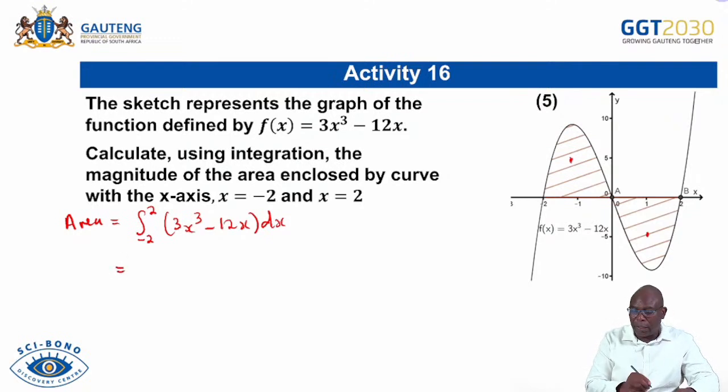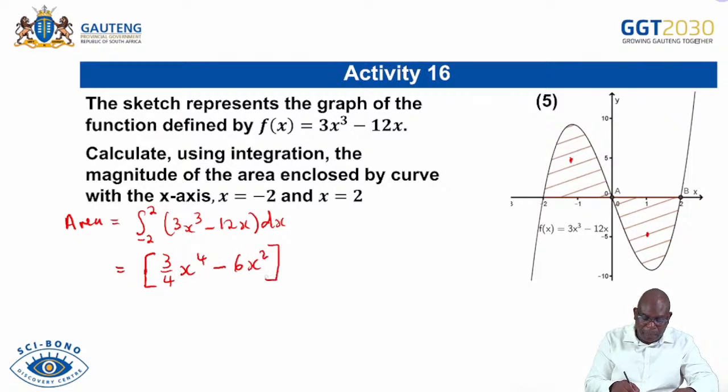The integral of that will be, remember I must put my boundaries there, 3 over 4 x to the power of 4 minus 6x squared. My boundaries are 2 and minus 2, my upper limit and my lower limit.